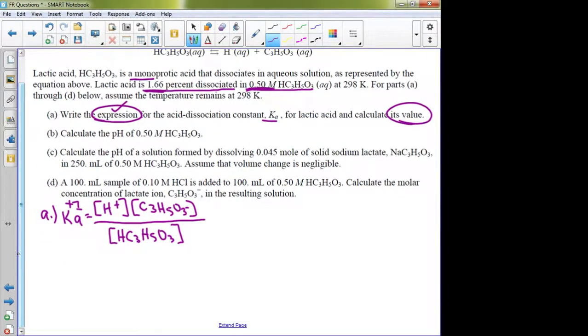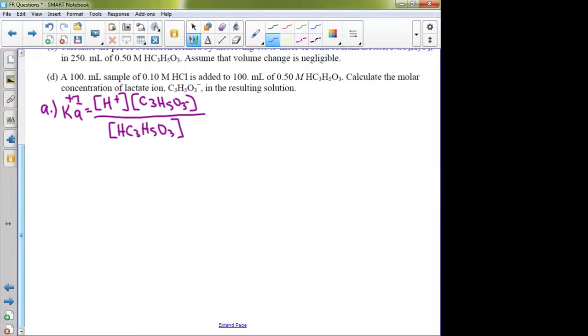What does percent dissociation equal? Percent dissociation is equal to the amount that dissociated divided by the initial concentration times 100.